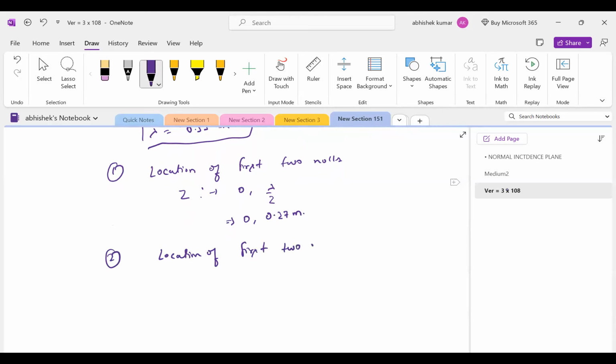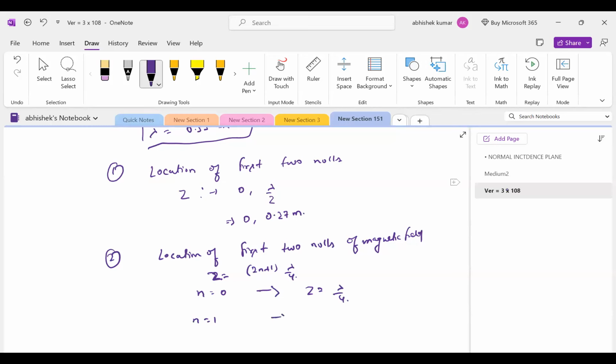Similarly, for the second one, the location of the first two nulls of the magnetic field is z equal to (2n plus 1) into lambda by 4, right? So the first two nulls will occur when n equal to 0, z equal to lambda by 4.